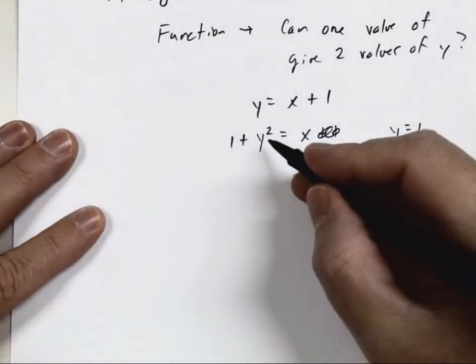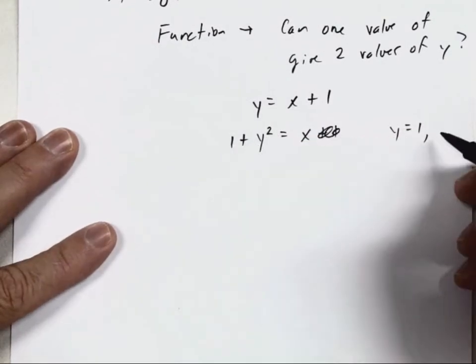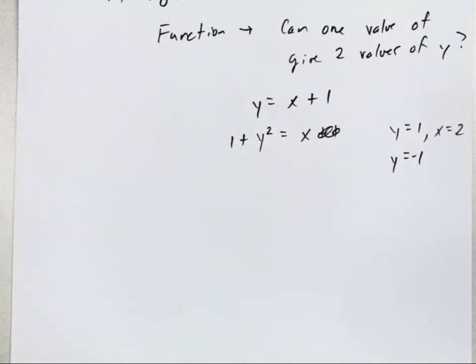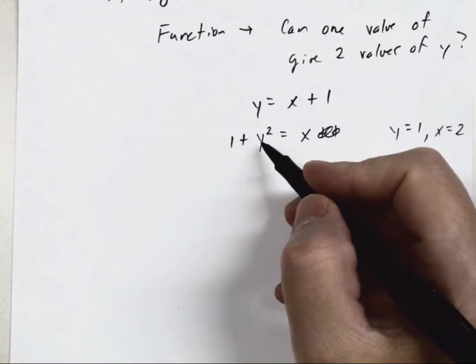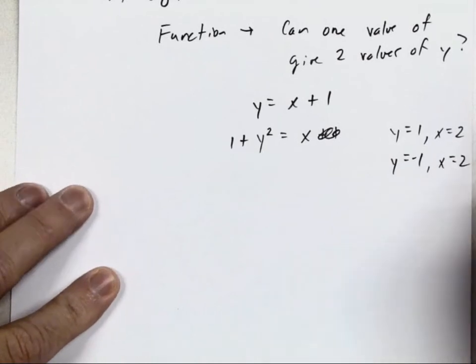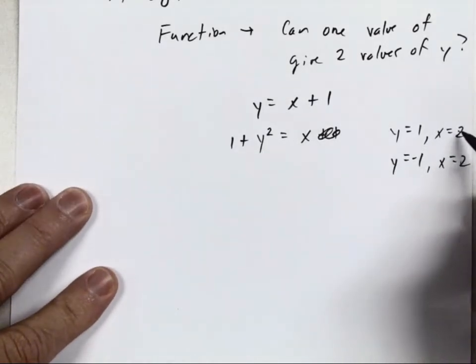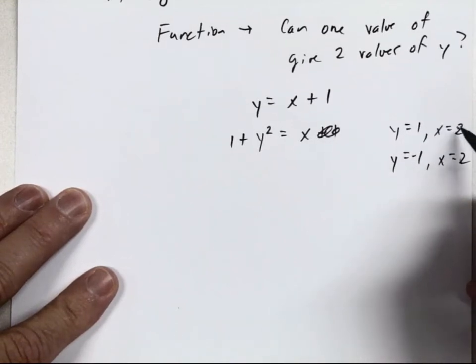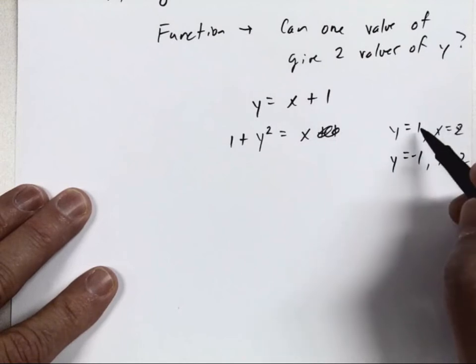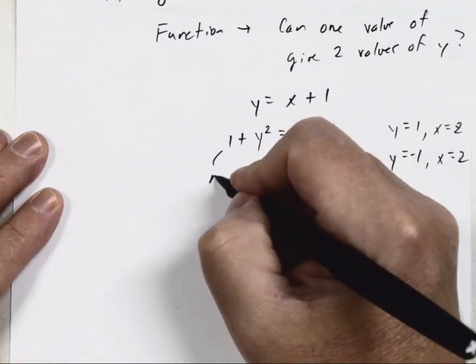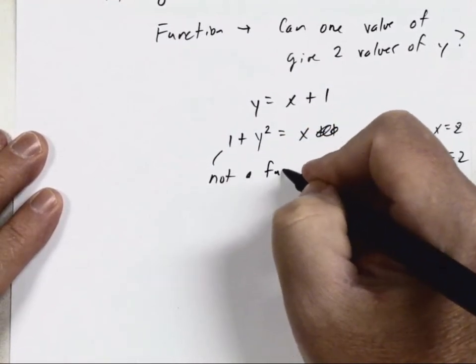If I set y equal to 1, I plug in a 1 here. 1 squared is 1, plus 1, x is 2. Just for fun, what if I set y equal to negative 1? What's negative 1 squared? Negative 1 squared is 1. 1 plus 1 is 2. Look what I have here. I have the same value of x, but different values of y. So when x is 2, y can either be 1 or minus 1. I don't know which. Therefore, we would say this one is not a function.